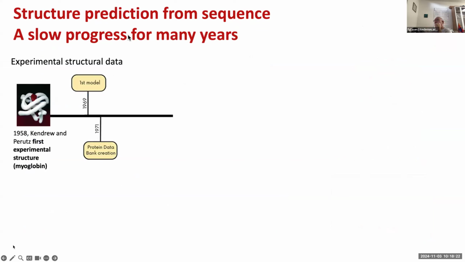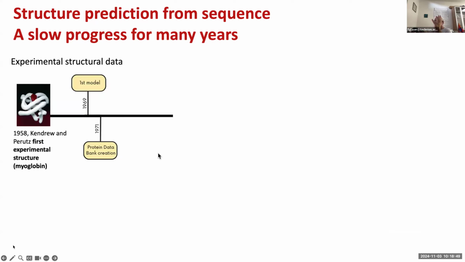Structure prediction started at the moment we had the first solved experimental structure, in 1958. Kendrew and Perutz solved the structure of myoglobin, and almost immediately people started to think, okay, I already have one structure. Let's try to imitate this structure by taking similar sequences and seeing if they fold in a similar way.